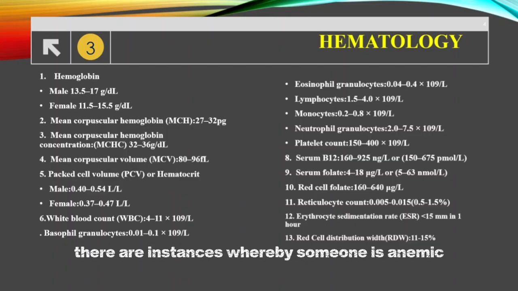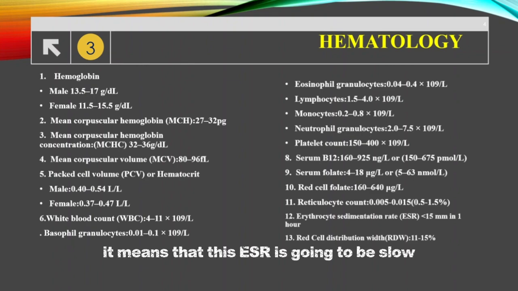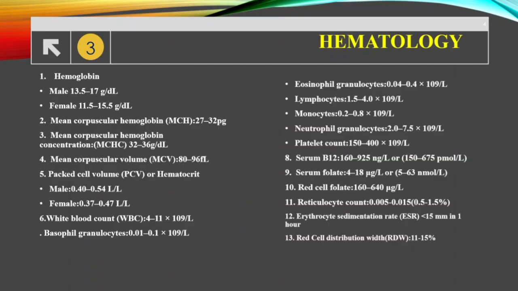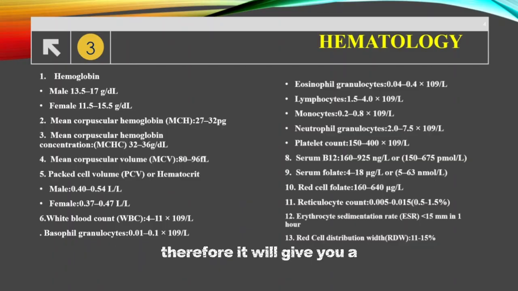But remember, there are instances whereby someone is anemic. So if someone is anemic, it means that this ESR is going to be slow, and therefore it will take more than maybe 3 hours for it to drop about 15 millimeters. So it will be reduced. Reduced ESR. So the rate is going to reduce in such an instance. Therefore, it will give you a false result, even if someone has got an inflammation.